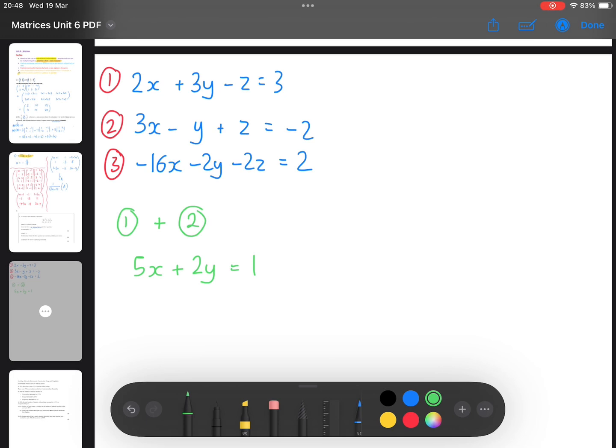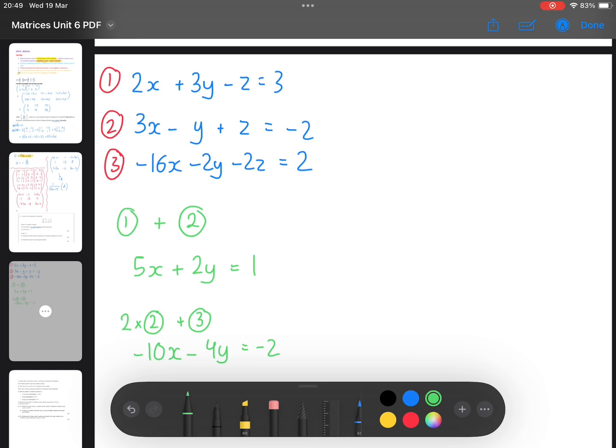So to do that, I will have 2 lots of equation 2, and then we'll add that to equation 3. That will eliminate z, and we'll end up getting minus 10x minus 4y equals minus 2.